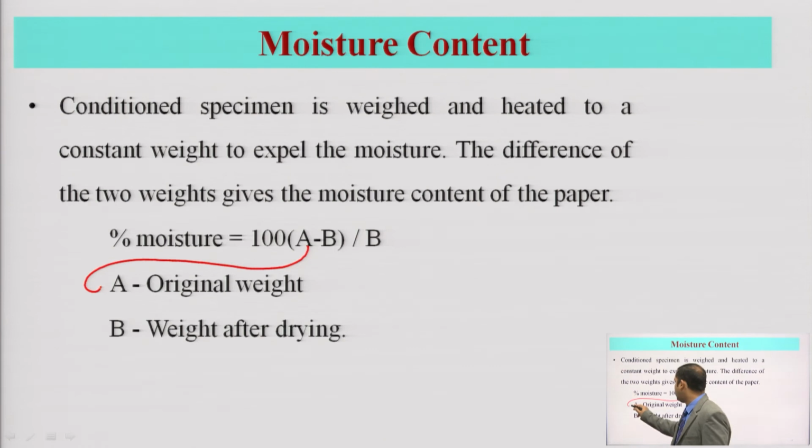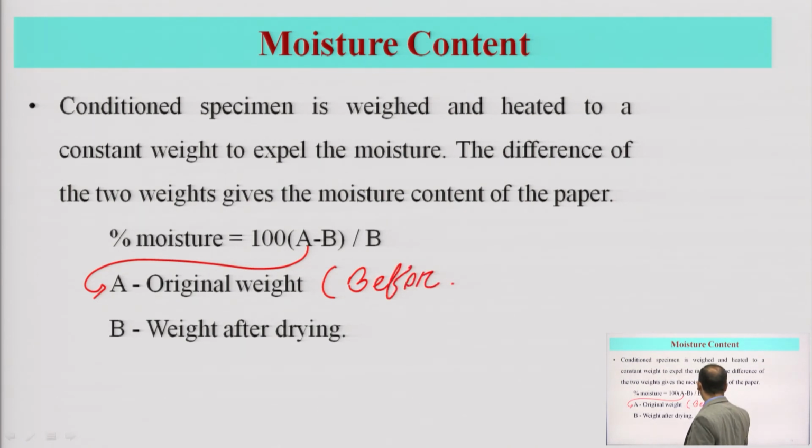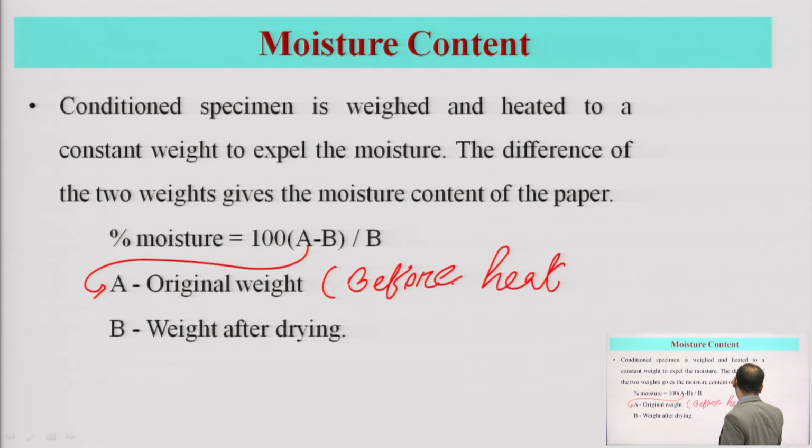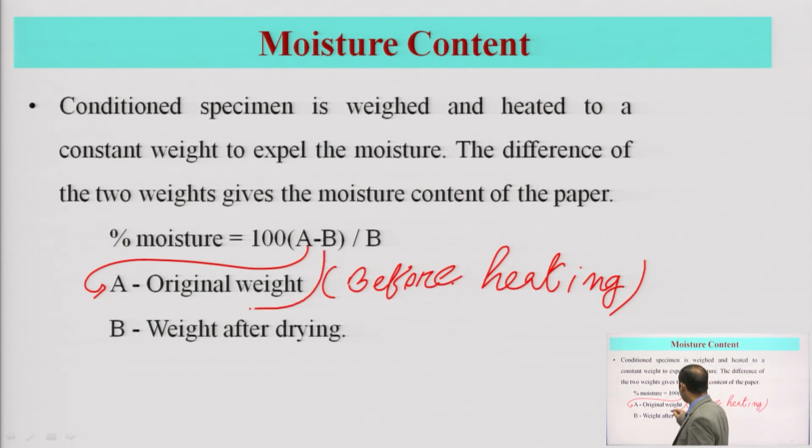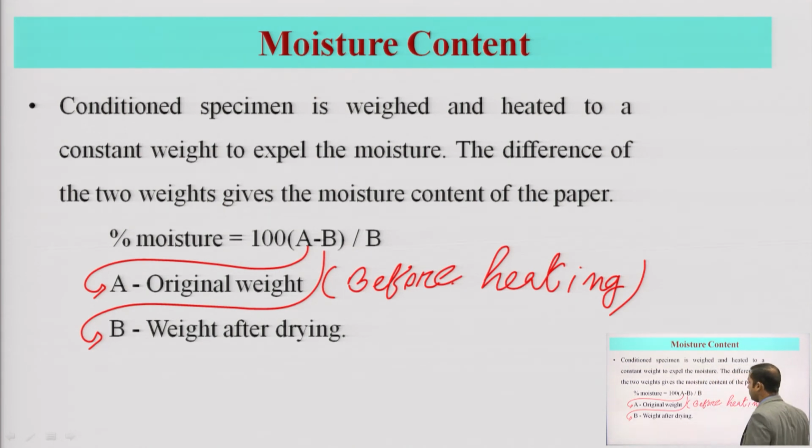A is the original weight, that means the weight before heating, and B is the weight after heating. After heating, whatever the dried material is, that is B.